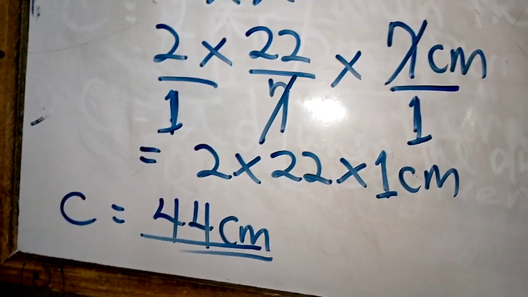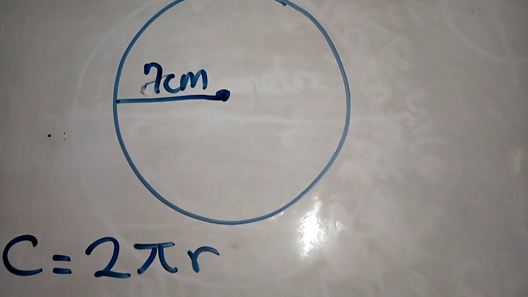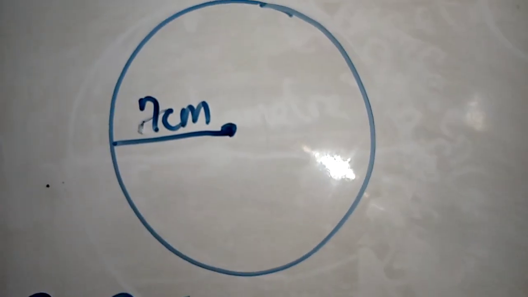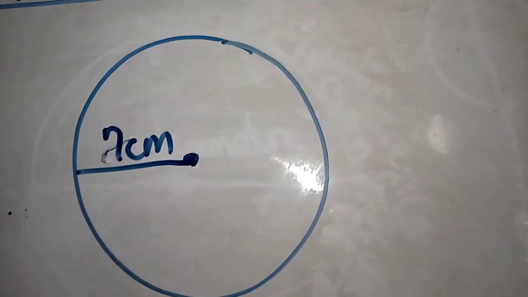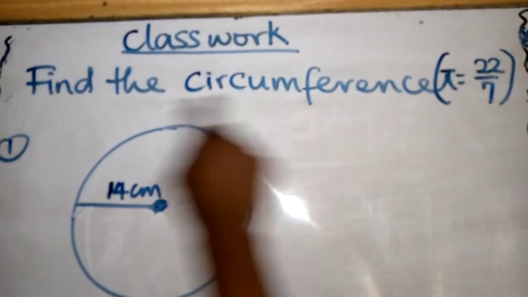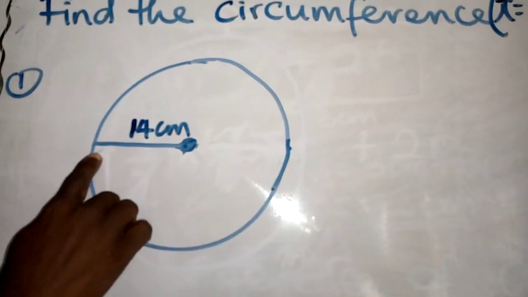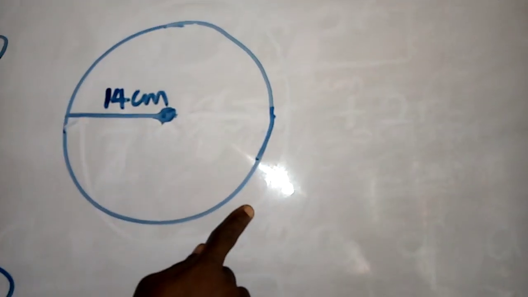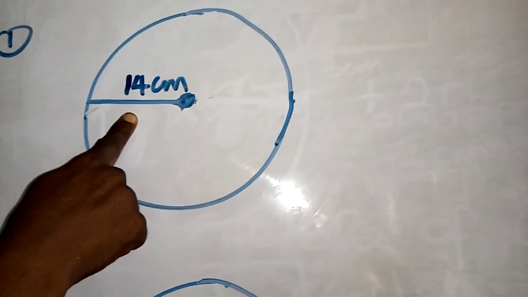Thank you very much. You are going to solve the question that you see on the board and send it down to me through the same channel. Take pi to be equal to 22 all over 7. Find the circumference of these circles. Here, this is a circle. The radius is 14 centimeters.